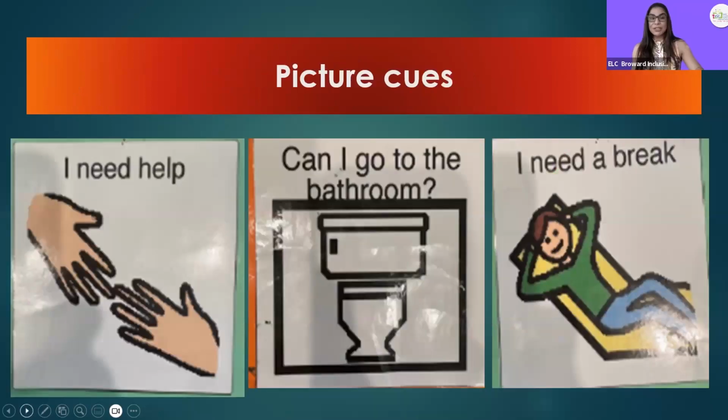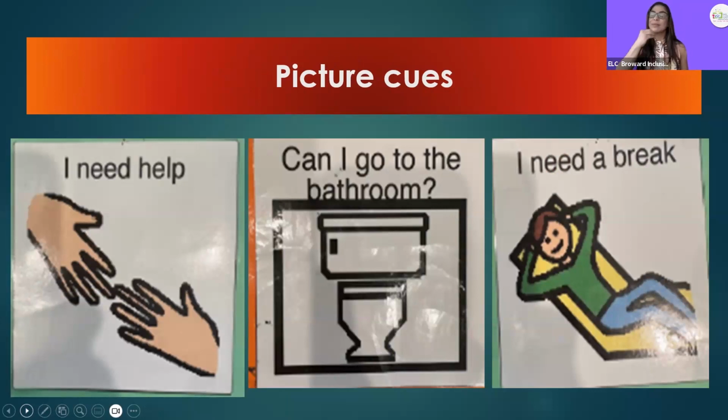And again, picture cues. Once you teach these, you pair them with language. "I need help, help please." If I'm saying that and picking up my visual as I point, and I model that over and over, eventually I can put these picture cues on their choice board and they can gesture. What are they asking? They're saying help please.